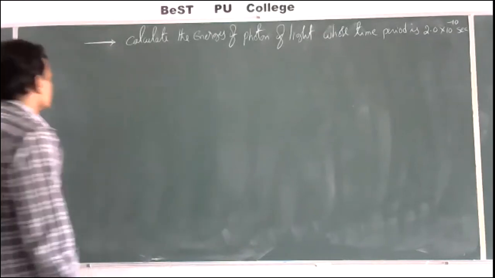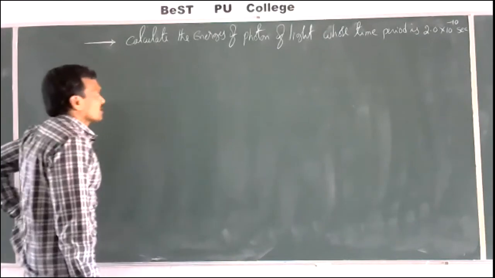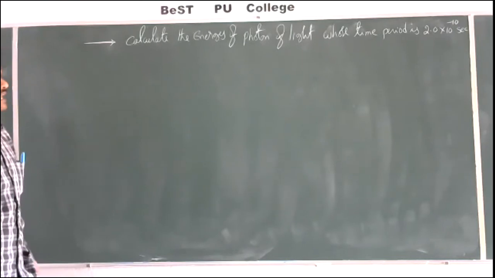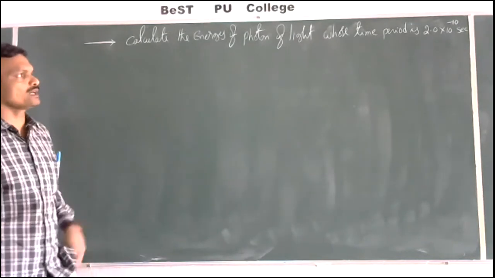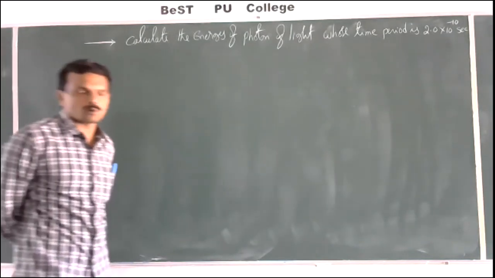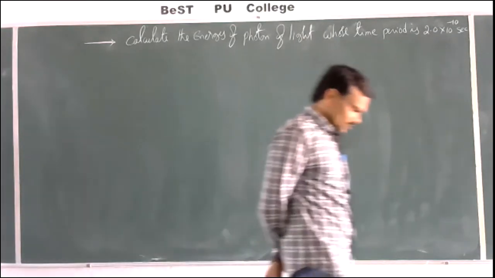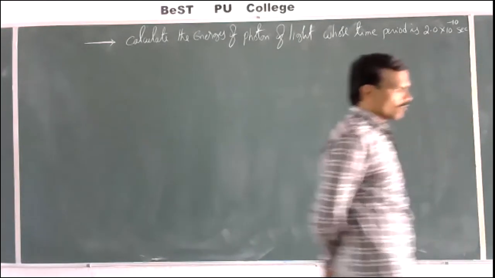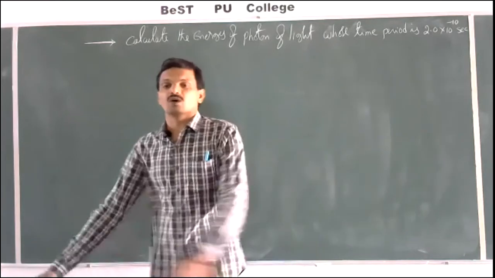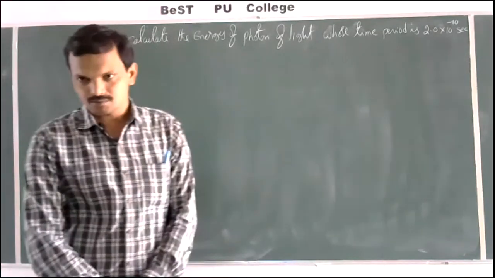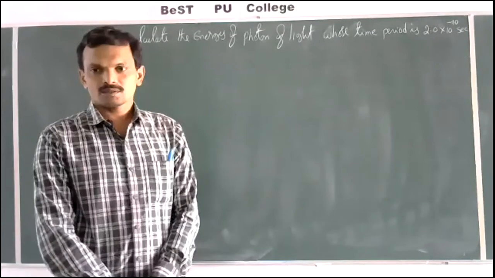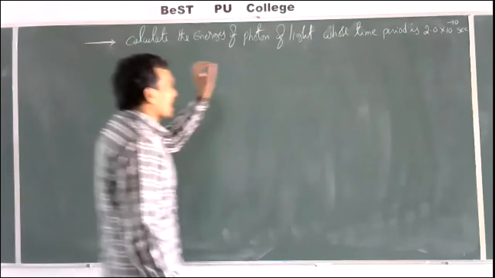This is the question here. To calculate the energy of the photon, we require either the wavelength, wave number or frequency. Those are not given here. They just give the time period.